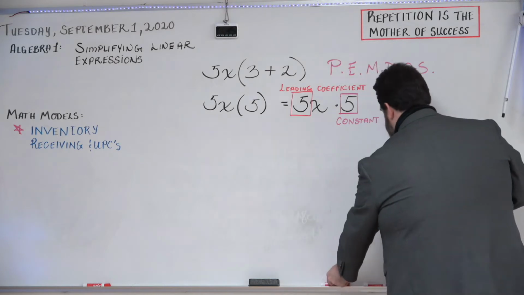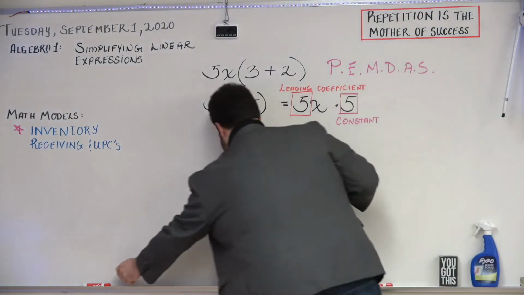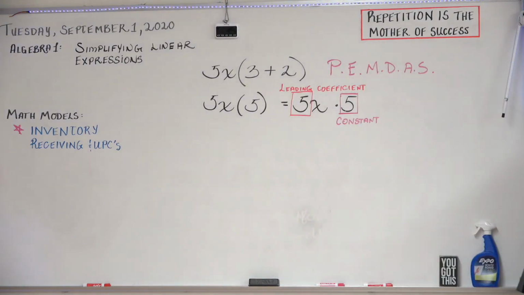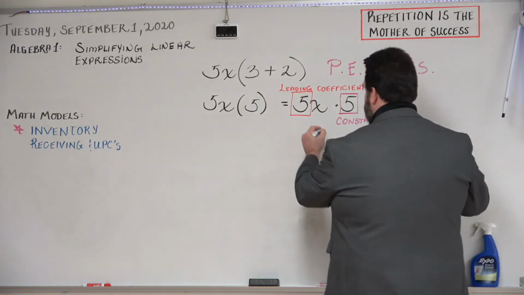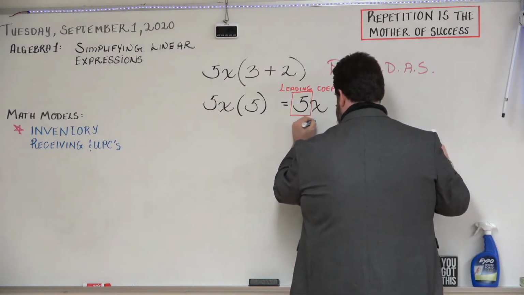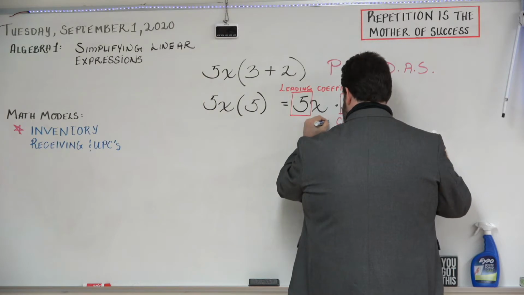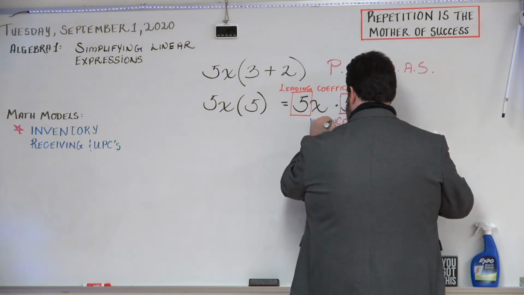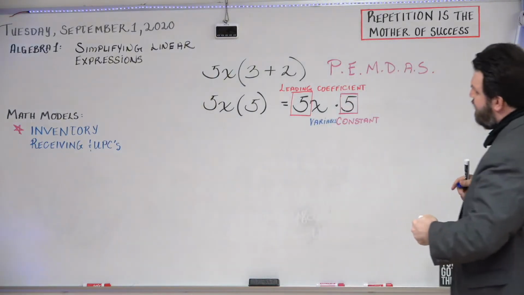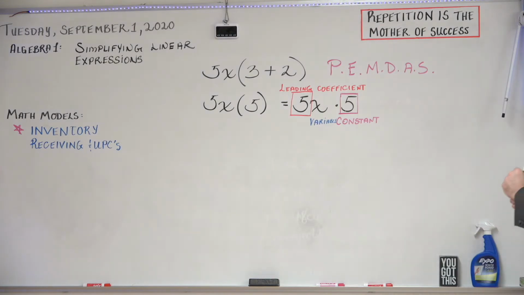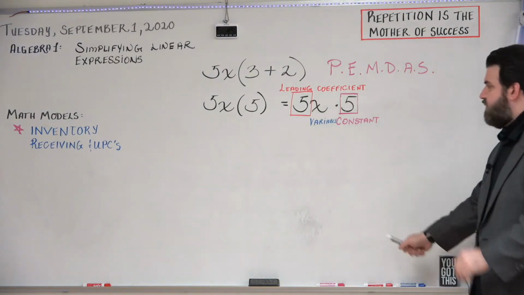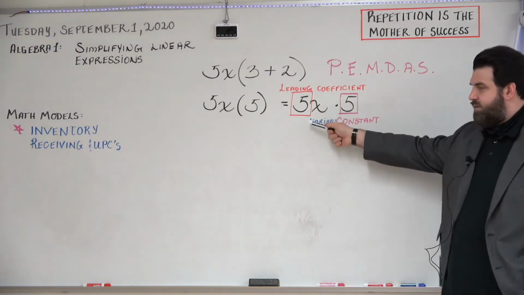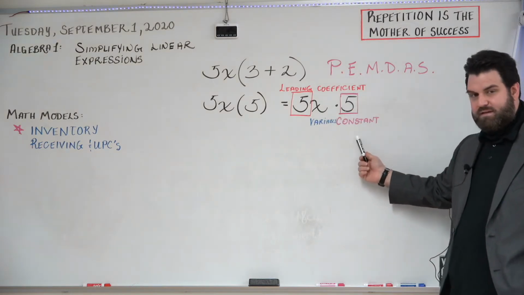So let's go through it again. And just want to label the x is called the variable. V-A-R-I-A-B-L-E, variable. So we have a variable with a leading coefficient multiplied by a constant.